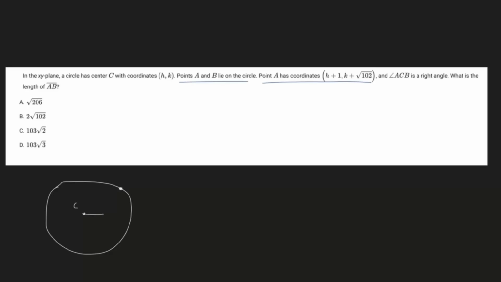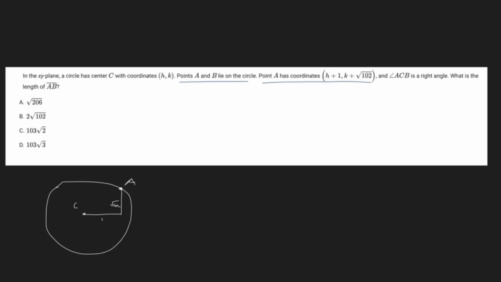So we know this side length right here that we just drew is going to have a side length of 1. And then k is going to represent the y-axis, and that's positive, so we're going to go up. So that length right there is going to be square root 102. Okay, and we know this is point A, right?